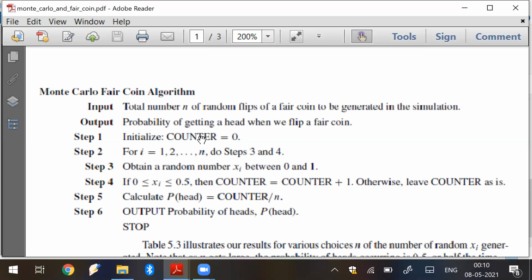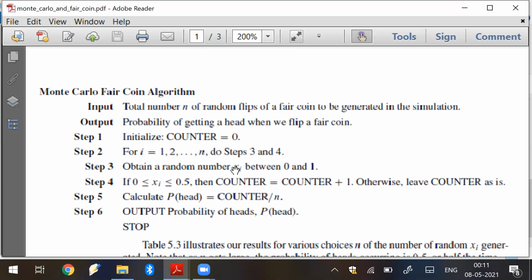Now flipping is starting. In a real life situation, that is what I have to model when I am designing the logic flow. So for i equal to 1 up to small n, that means the number of flips you are considering, repeat steps 3 and 4. What is step 3? Obtain a random number xi between 0 and 1.